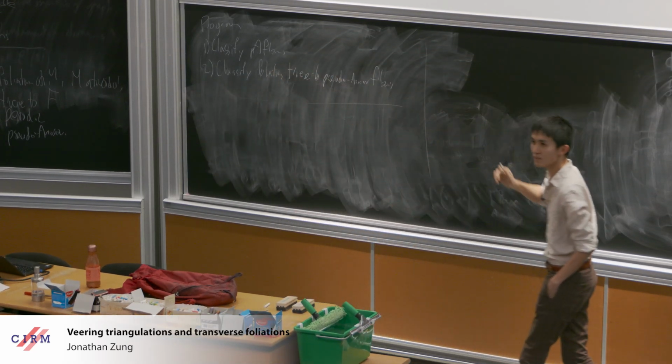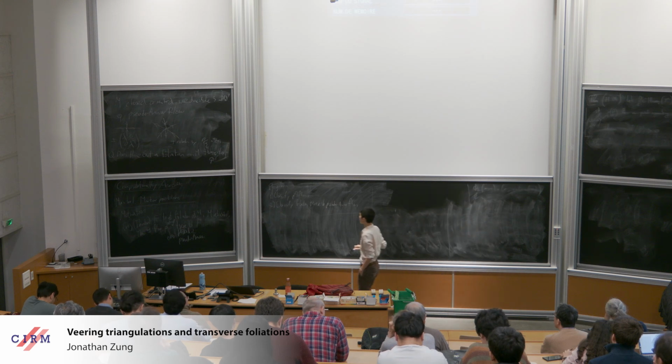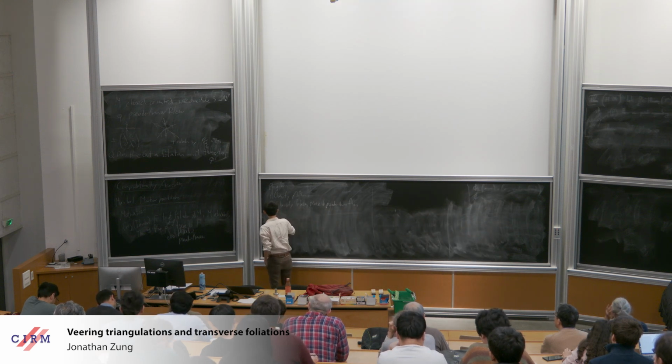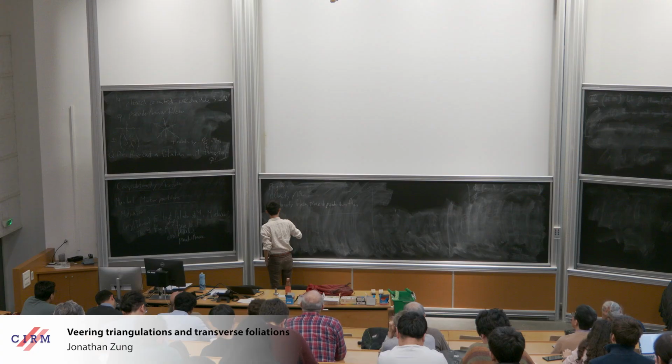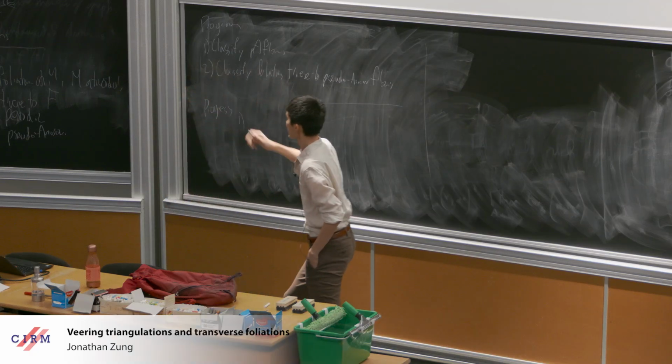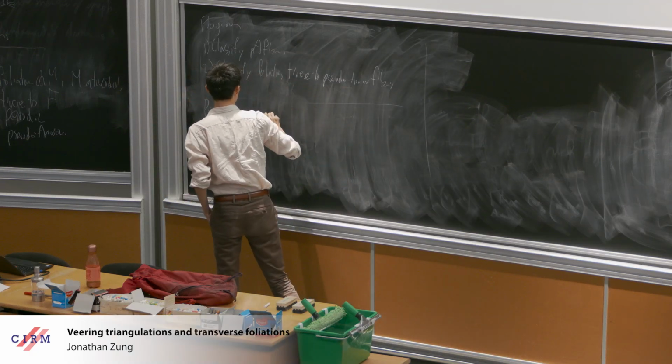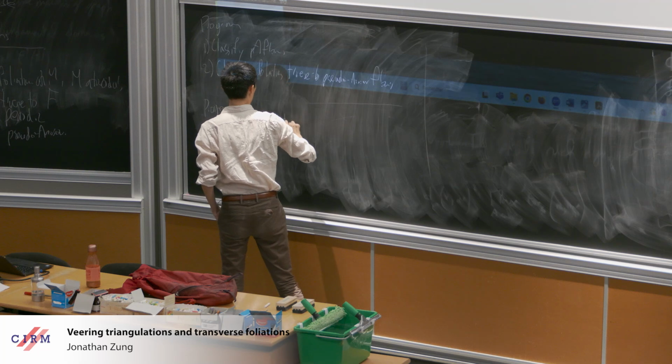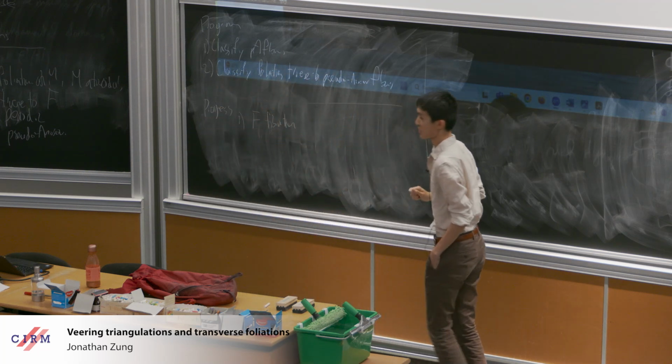All right, so what's known about this conjecture? Well, in the fibered case, so if F is a fibration, this is the Nielsen-Thurston classification.